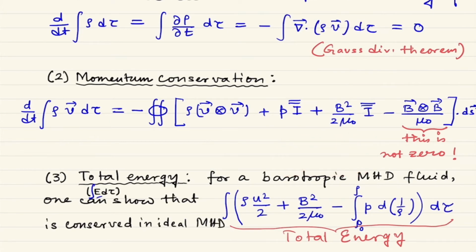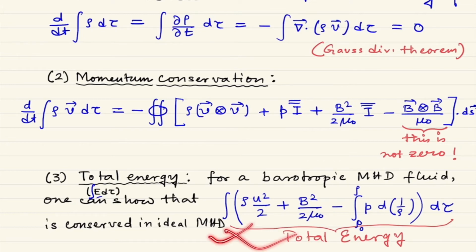Then we integrate from rho 0, some reference value for the density, to some current rho, current meaning the instantaneous rho. This integration is done on P d of 1 by rho, and the whole thing will then be integrated over the whole space, multiplied by d tau.